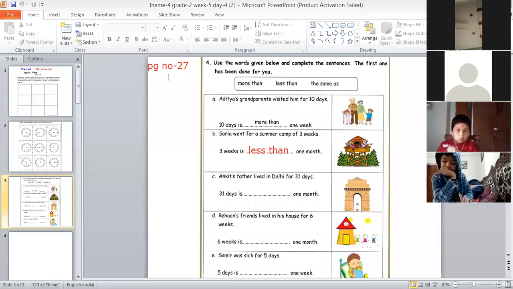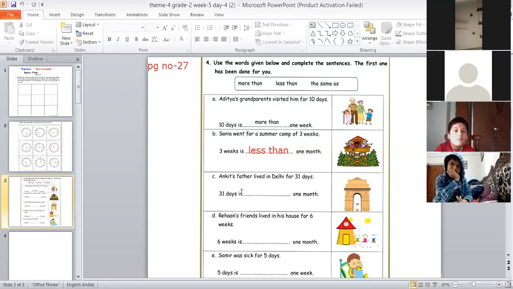No. See, children, we cannot say more than and we cannot say less than also. The reason is we don't know which month they are talking about. They could be talking about January, February, March, April. They have not mentioned the month name.